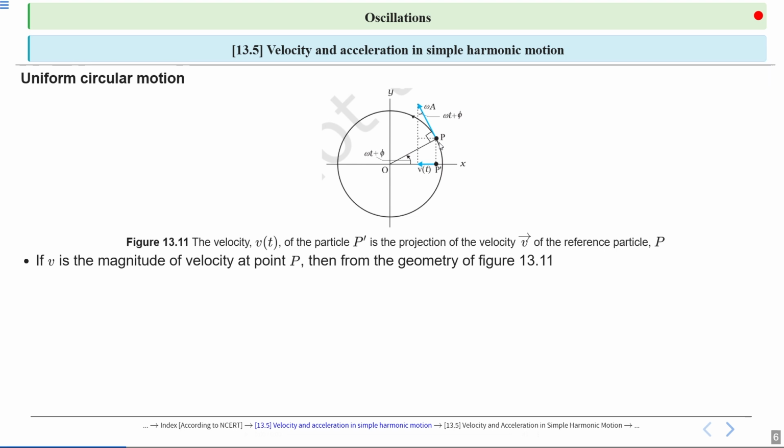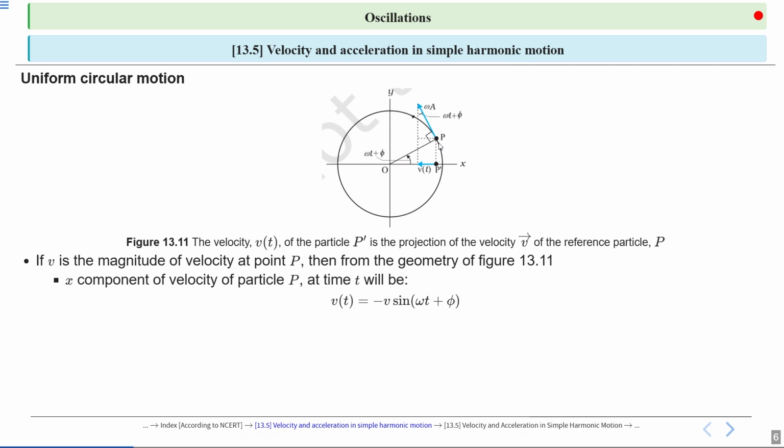So in circular motion the velocity vector is always changing direction, so its x component will vary as the particle moves around the circle. This x component is what we observe as the velocity in simple harmonic motion, like a mass on a spring moving back and forth.